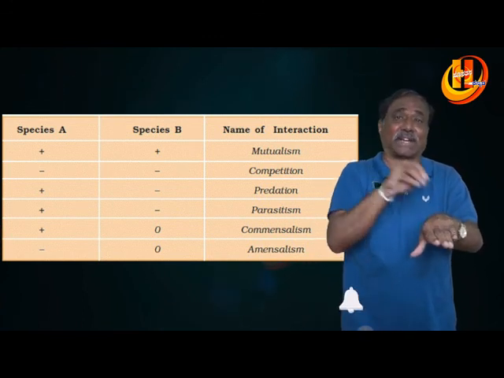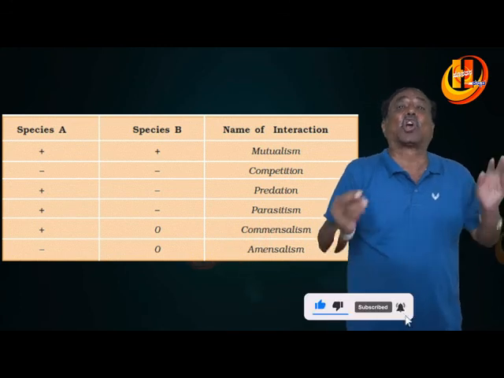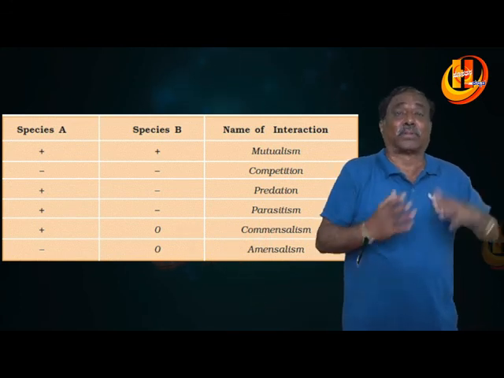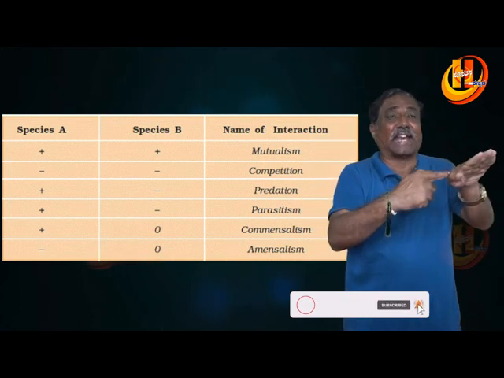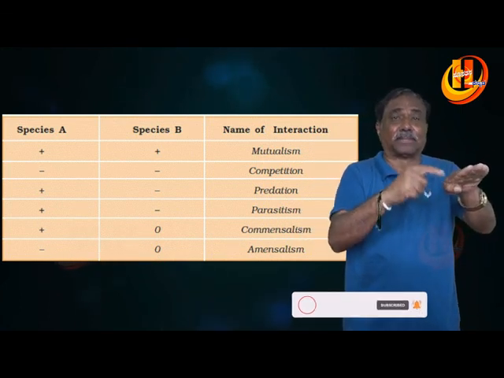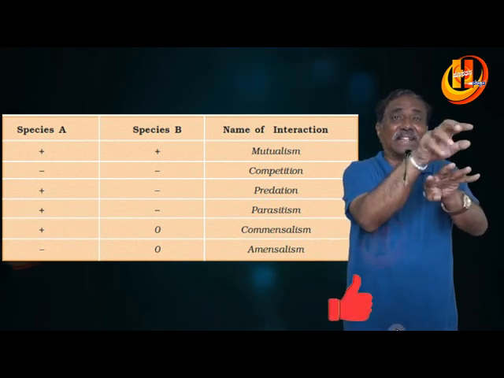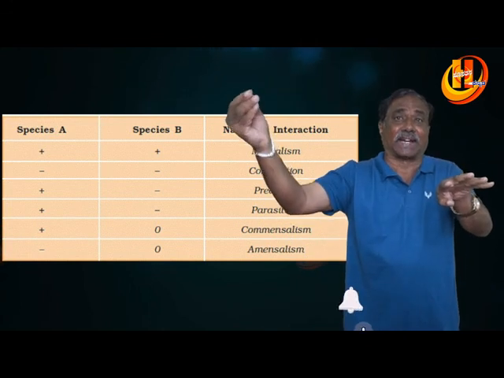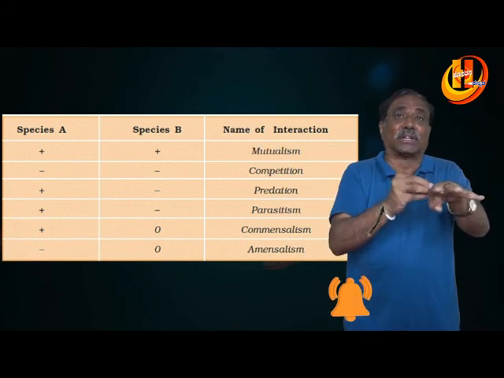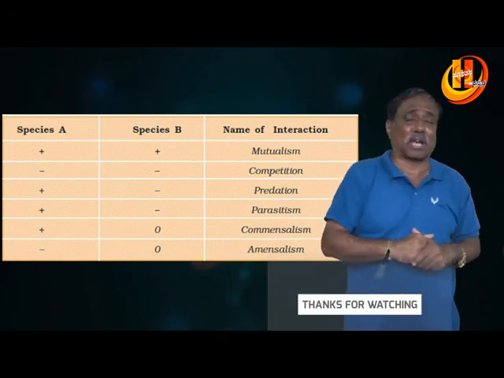Thus one is benefited without harming. And a relationship between sea anemone and clown fishes. Sea anemone, technically called Adamsia, and the clown fishes get attached to the sea anemones, and because of the tentacles having stinging cells in the sea anemone, their predators do not approach the clown fishes. Thus one is benefited without harming the other one.